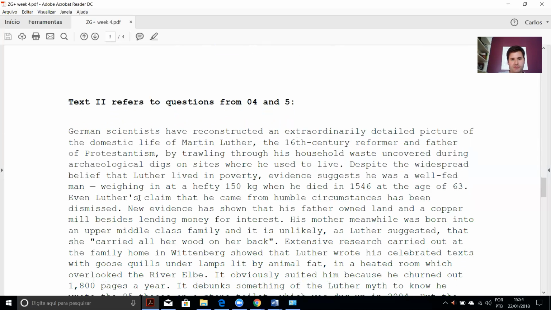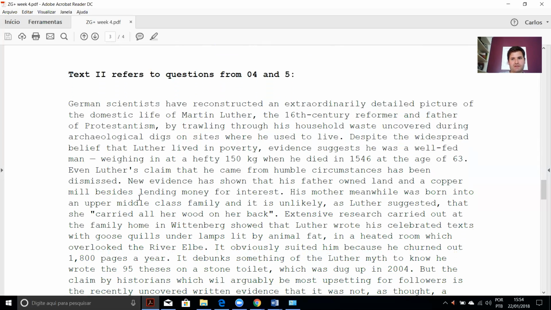Here in text number 2, this text is from the 2009 exam. That's a while ago already, almost 10 years. But it was an interesting text talking about a historical figure. Sometimes they like to do this, and that's why this text inspired me to do the Machiavelli text.